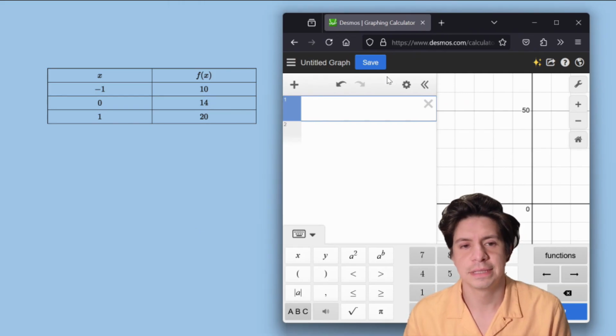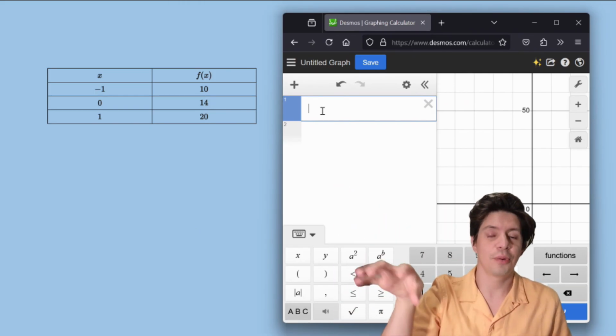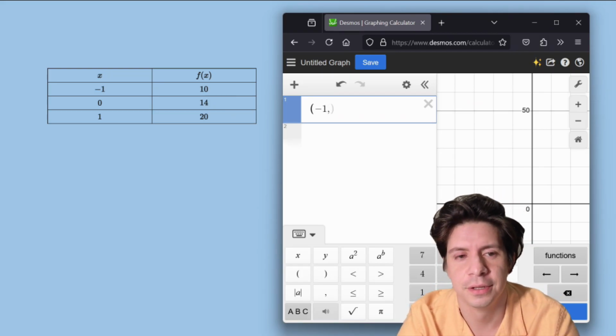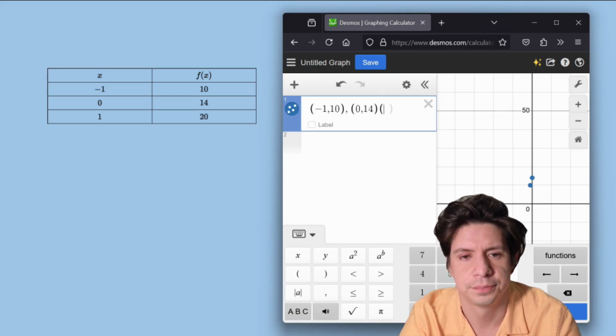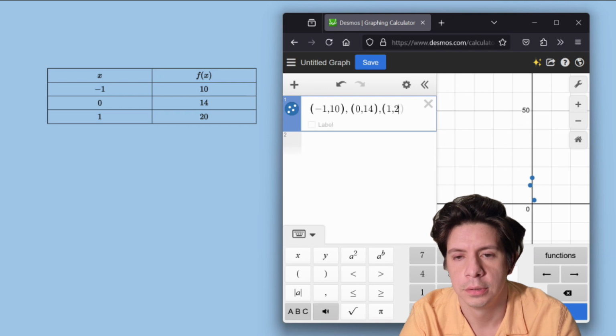All right, so now we have Desmos here, and you could plug in the equations and see which one crosses all those points, but you can also do this. Look, 0, 14, 1, 20, and -1, 10.